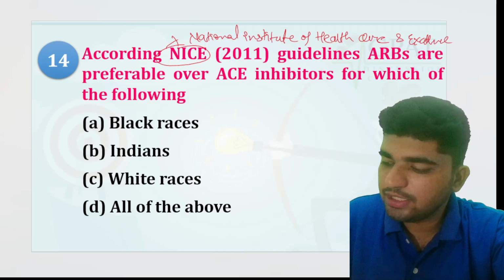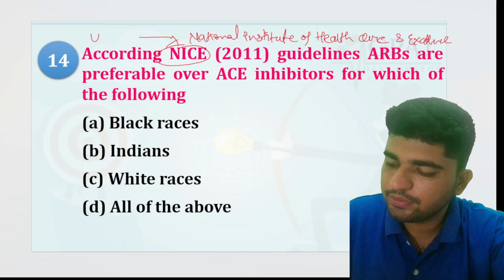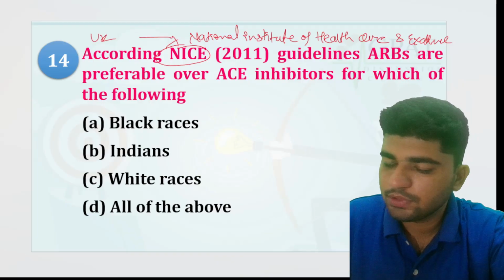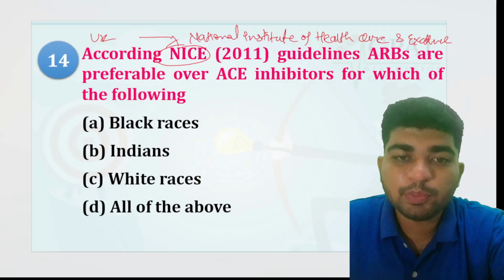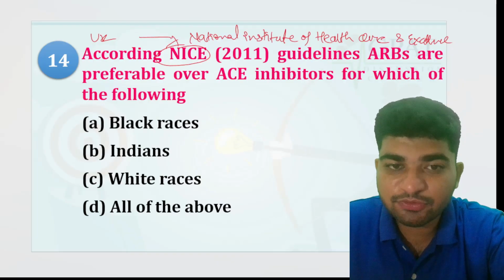It generally belongs to the UK, United Kingdom. So it says that ARB are much preferable over ACE inhibitors for which of the following?